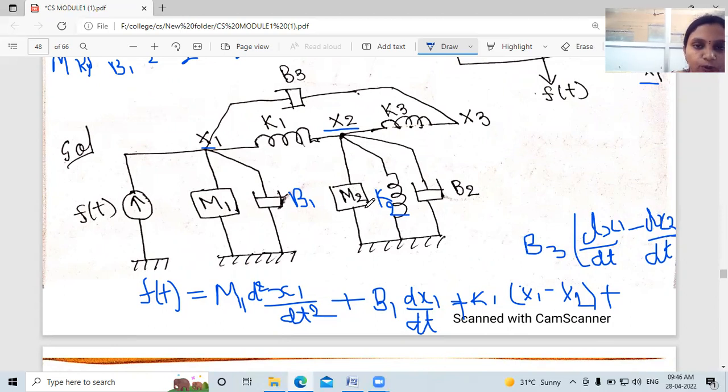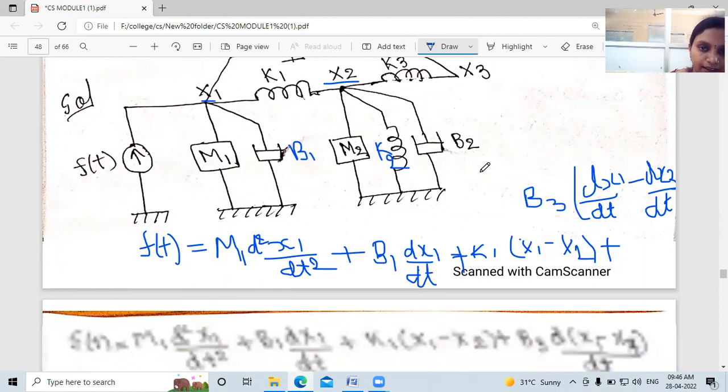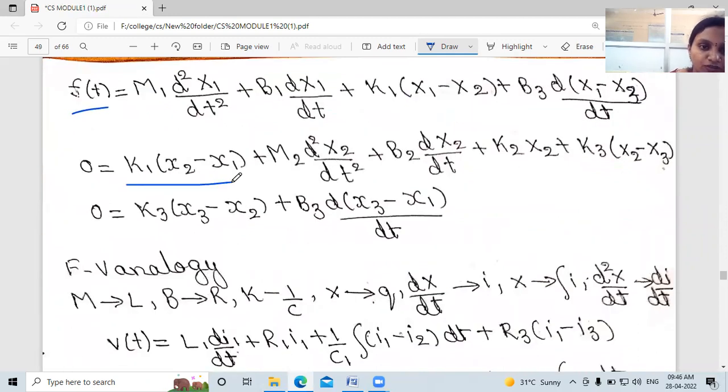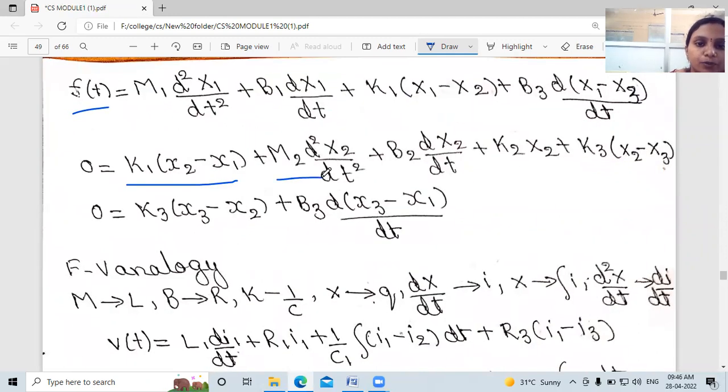So 0 is equal to m2 d square x2 divided by dt square plus b2 dx2 divided by dt plus k2 into x2 plus k1 into x2 minus x1 plus k3 into x2 minus x3.